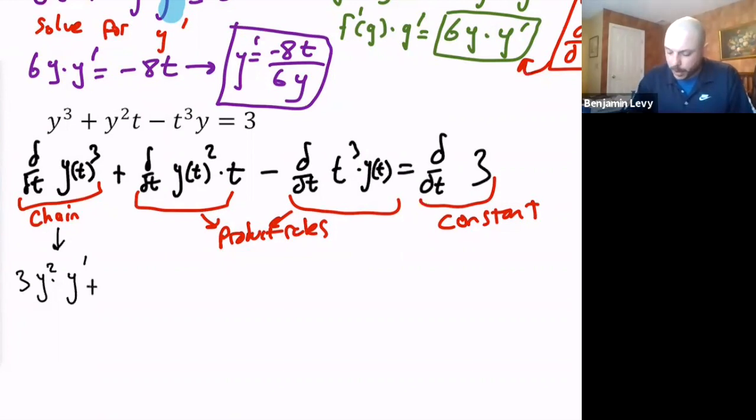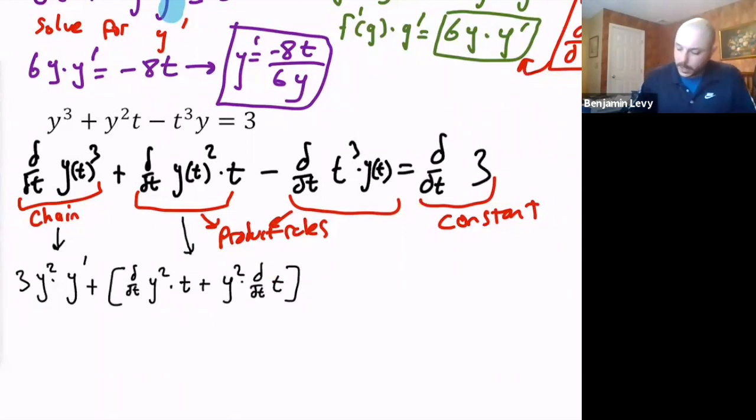Right, when we do the first product rule, I'll write out a little bit of the details we're going to do. f prime g plus f g prime. So that's the first product rule.